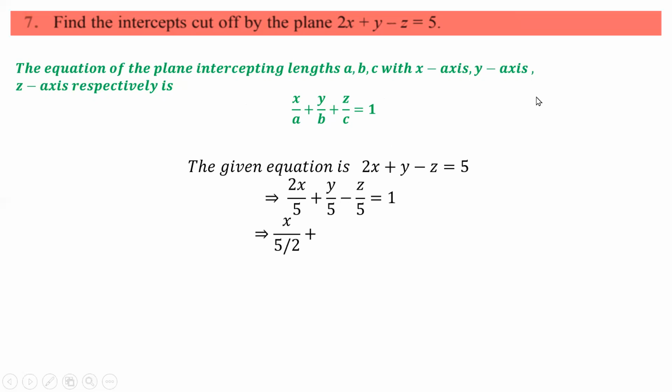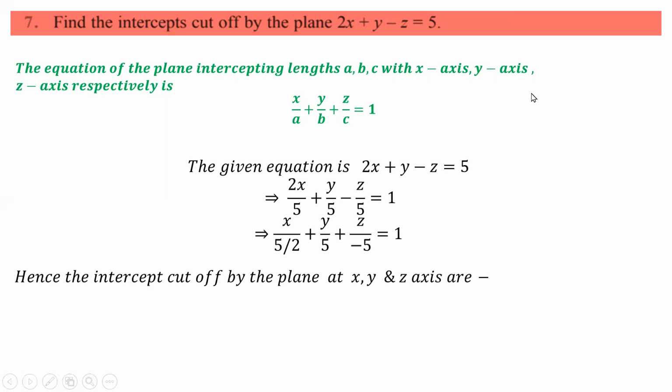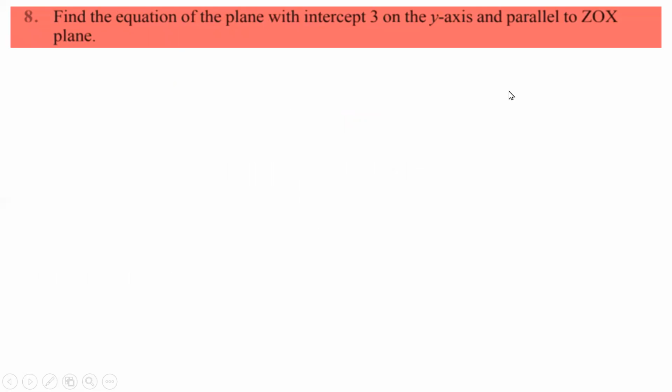So x upon (5 by 2) plus y upon 5 plus z upon (minus 5) equals 1. So the intercepts are, with the x-axis 5 by 2, with the y-axis 5, and with the z-axis minus 5. Clear? So if any equation is given, now you know how to convert it into the intercept form. Now moving to the next question, question number 8.